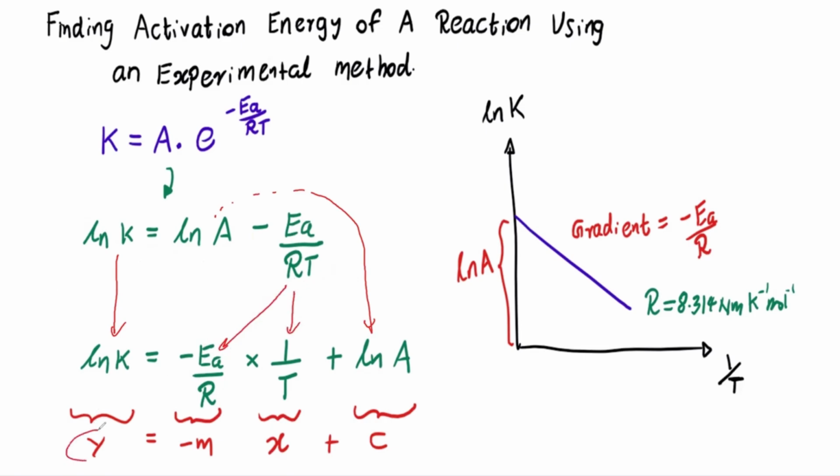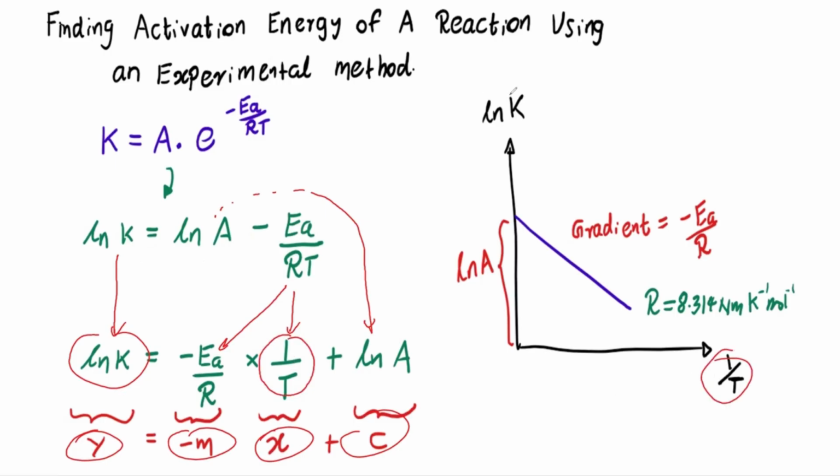So this is like a y equals minus mx plus c graph. You can plot it. If I can find the rate constant, you know how to find the rate constant. In the first question, we found the rate constant at different temperatures and plot 1 over absolute temperature on the x-axis and ln k on the y-axis.